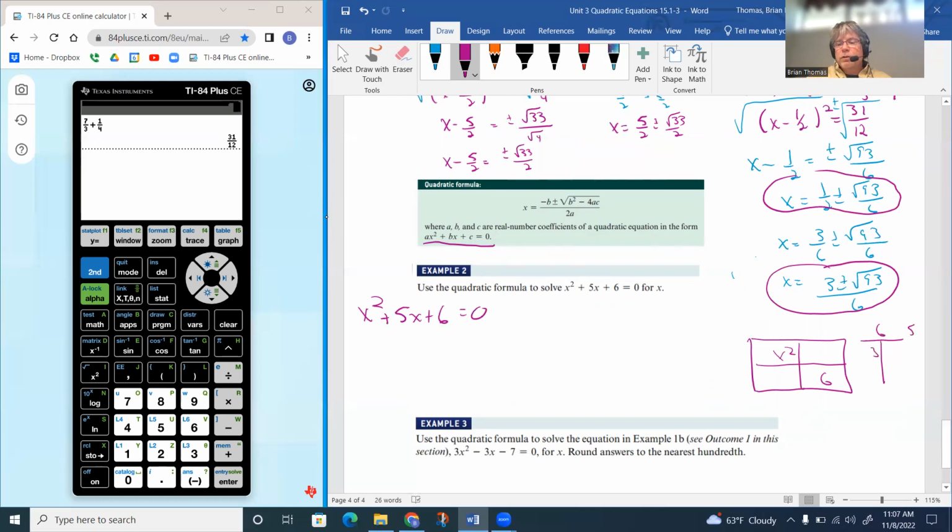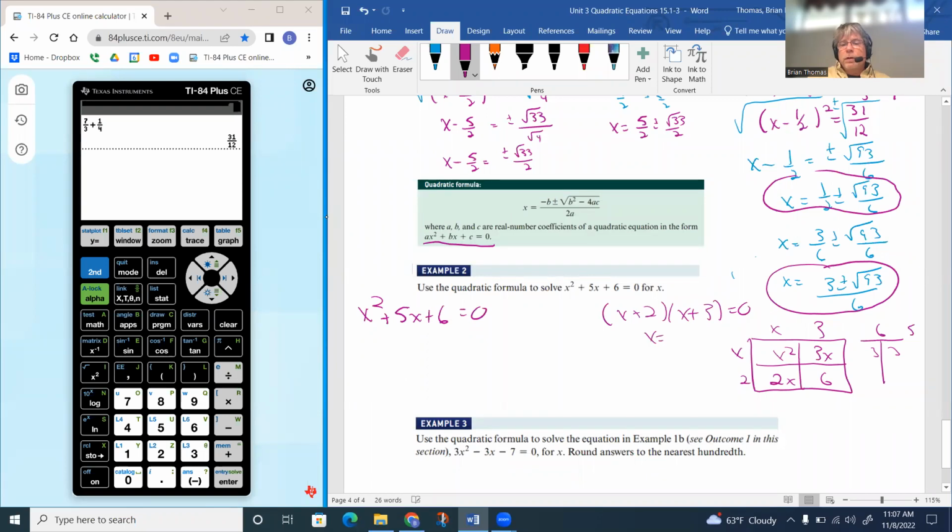Well, 3 and 2 would. So this would actually factor into, we'd have like 3x here and 2x there. So notice how I would factor into x plus 2 times x plus 3 is equal to 0.